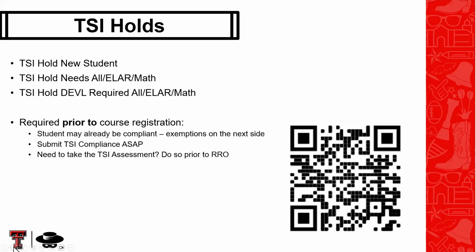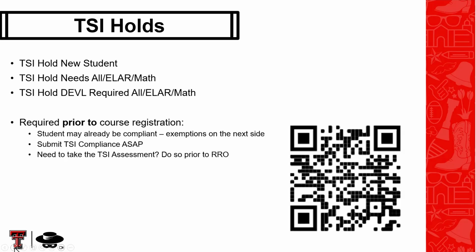If we still need some information from the student, we'll send them an email with what we need from them. And then we'll also put that hold as TSI hold needs all, if we need evidence for reading, writing, and math, or we'll do ELAR, which is the reading and writing portion of TSI, or we'll just do math, depending on what information we already have on file for the student.